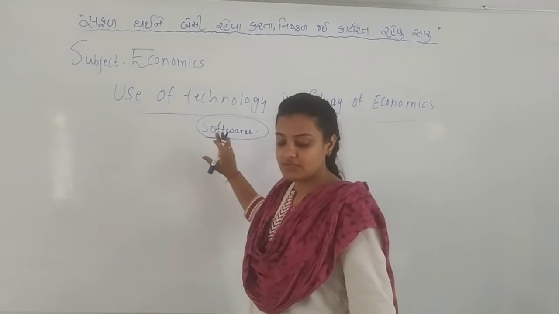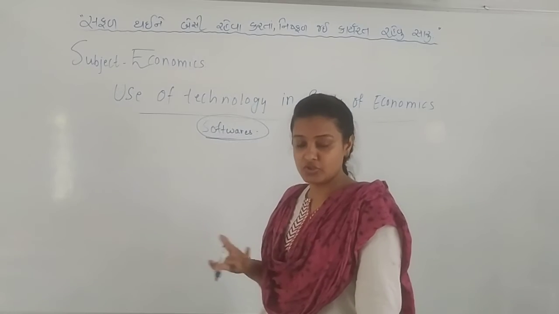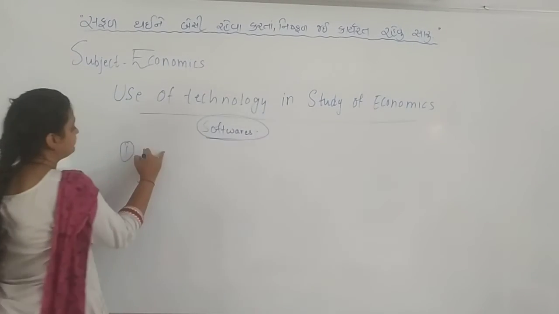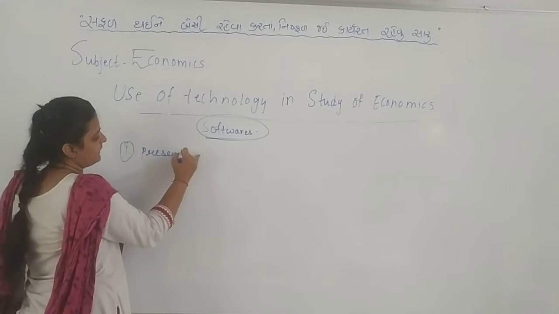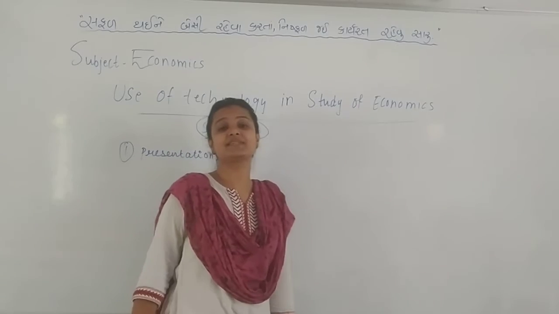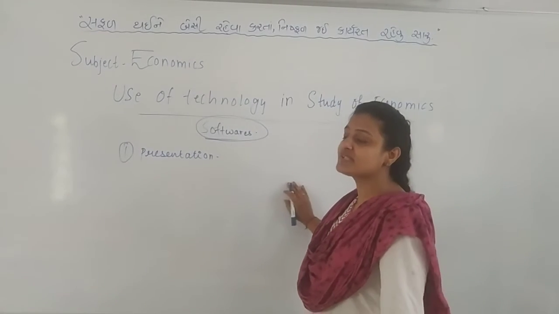Now first, it is given: use of technology, specifically computer technology. As we know, the presentation can be easy. Now you all have studied in your computer subject as well, presentation is nothing but PPT, or PowerPoint presentation.